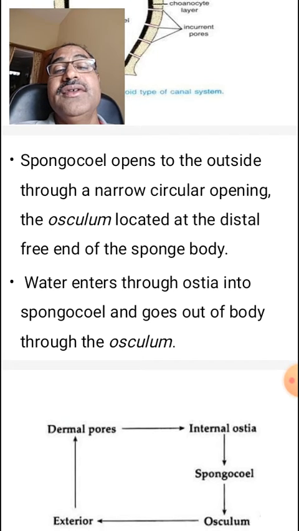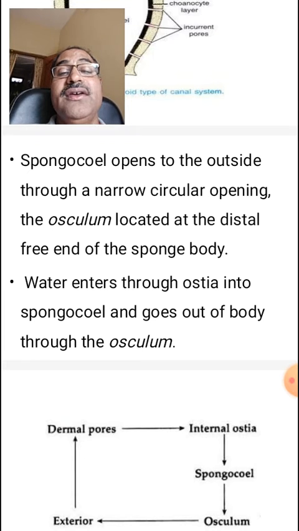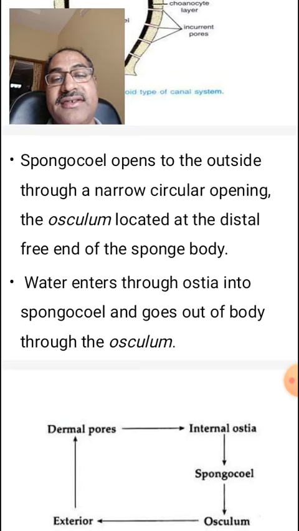So in this, the spongocoel opens to the outside through a narrow circular opening. This is called the osculum. Osculum is located at the distal free end of the sponge body. The water enters through ostia into the spongocoel and goes out of the body through the osculum.